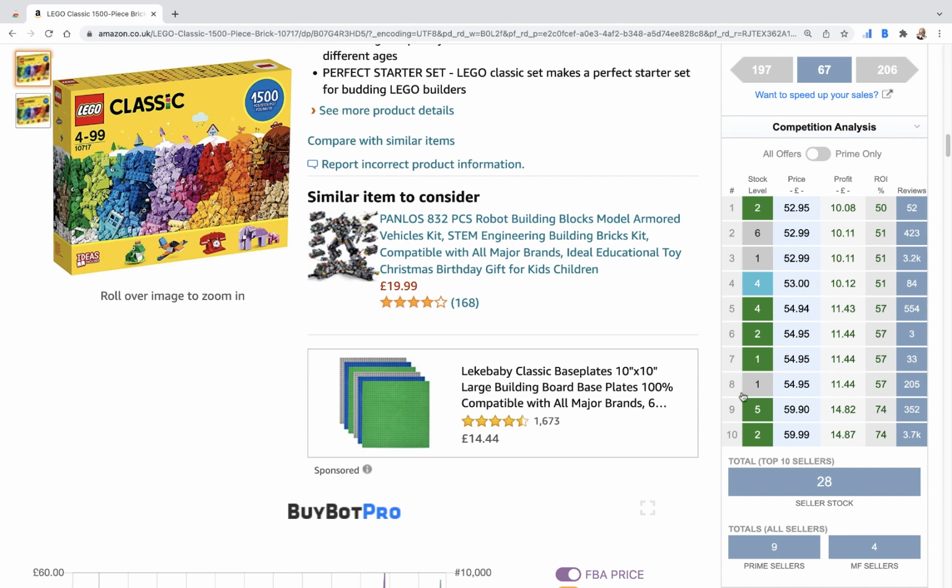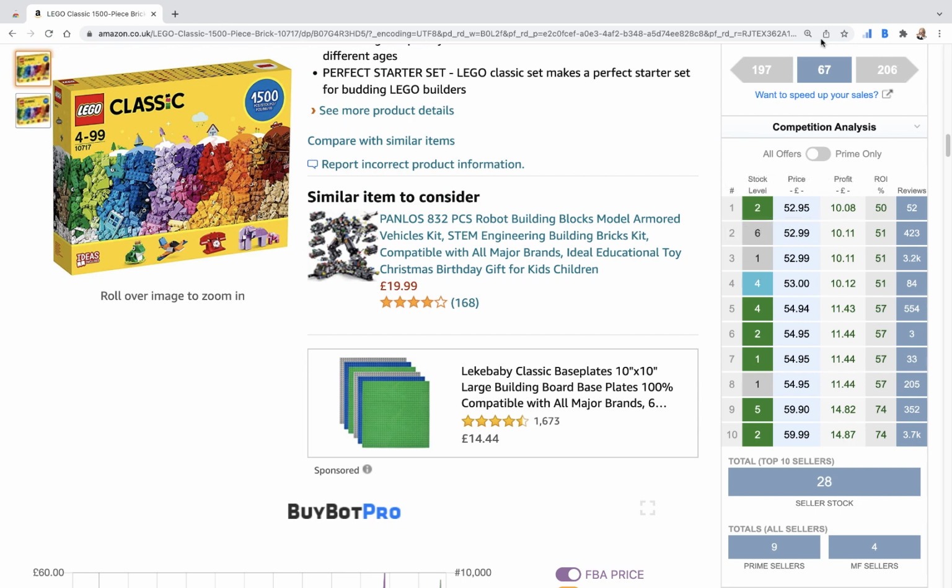So compared to how many sales there are, there aren't that many people with the product in stock. That's obviously a great thing, because sometimes you'll come here and one of them will say 999, usually Amazon. So Amazon have got 999 in stock.